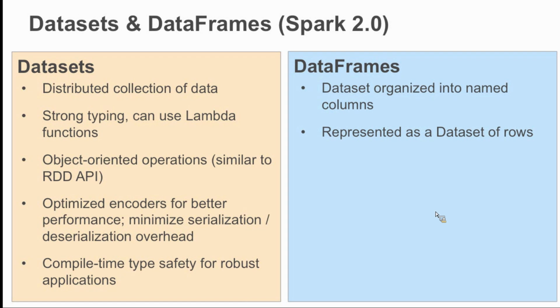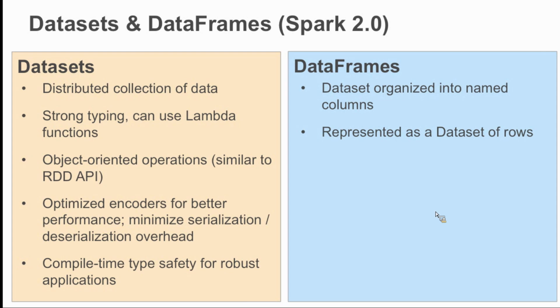I mentioned DataFrames. So DataFrames are the new addition to Spark 2.0. They incorporate datasets, which was the earlier data structure. Datasets, as I said, were distributed collections of data. They provide strong typing and can apply Lambda functions to iterate over the members of the collection.